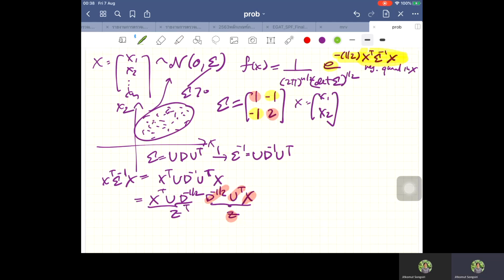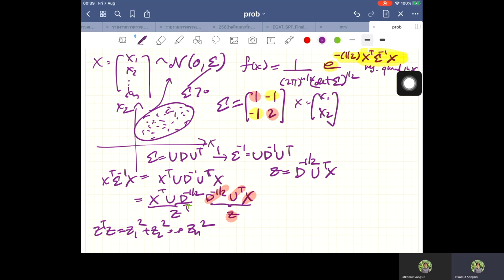And of course, Z transpose Z is going to be Z1 squared plus Z2 squared up to Zn squared. And what we know from this transformation is that Z is D^(-1/2) U transpose X.